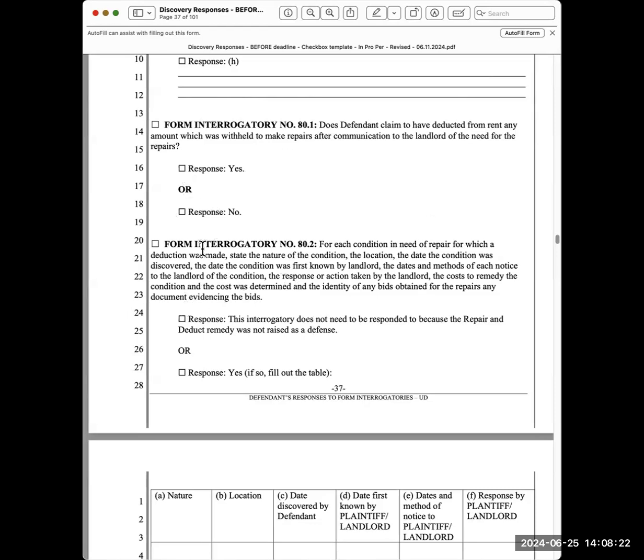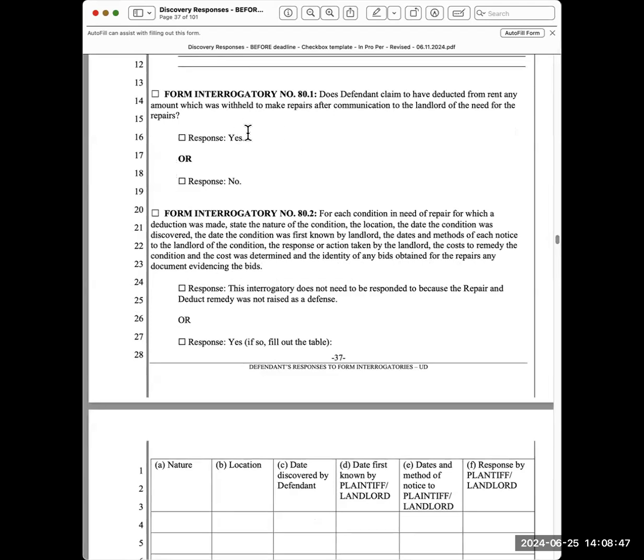And then for each of these questions, if they're checked, check the first response, which is the interrogatory does not need to be responded to because the repair and deduct remedy was not raised as a defense. If your answer to this question is yes, if you did have an instance where you deducted from the rent an amount because you communicated to the landlord about repairs that needed to be made, and you came to an agreement with the landlord about deducting that amount from your rent, check here.